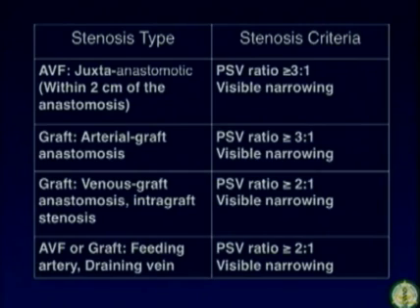The angiographers don't call that a stenosis, but it is, in effect, a functional stenosis. But you have to make sure that you don't inadvertently send a patient for a stenosis that is just a kinking of the graft that the angiographers aren't going to be able to angioplasty. And then in the feeding artery or in the draining vein, we use a peak systolic velocity ratio of greater than 2 to 1, and again, visible narrowing.